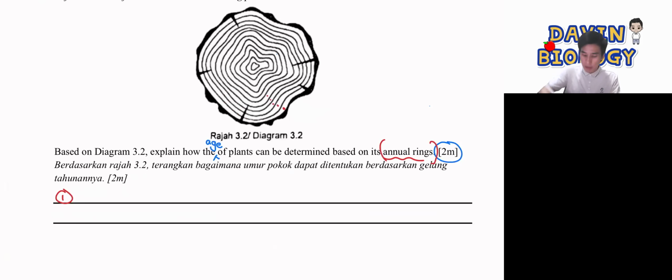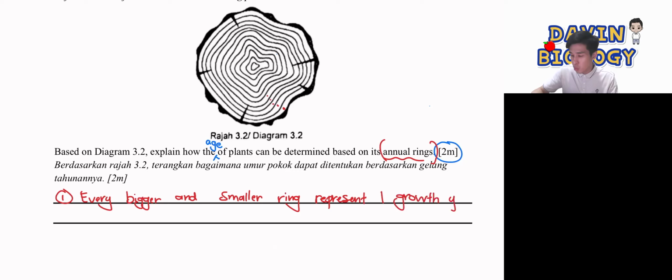So I told you just now, every large or bigger and smaller ring represents 1 growth year. But let's say it's just a 2-mark question, right?